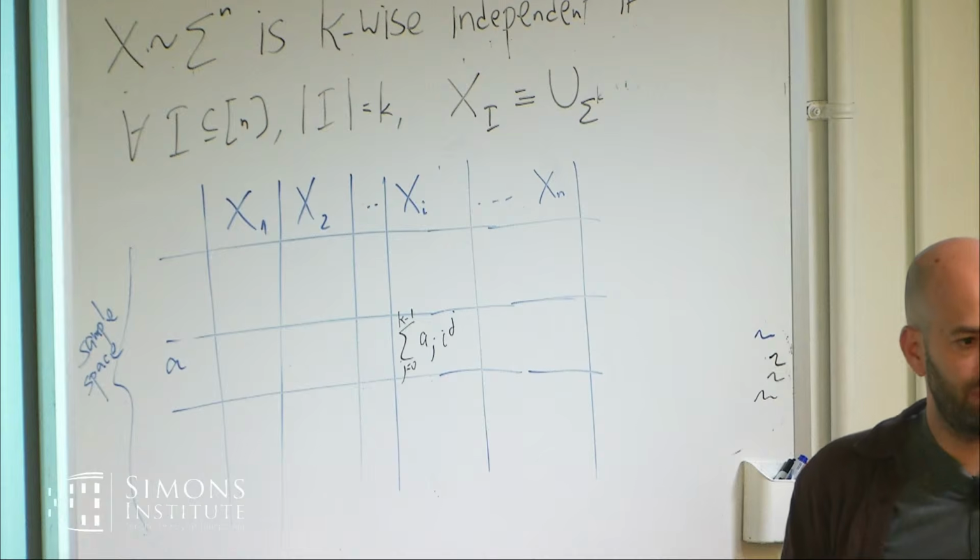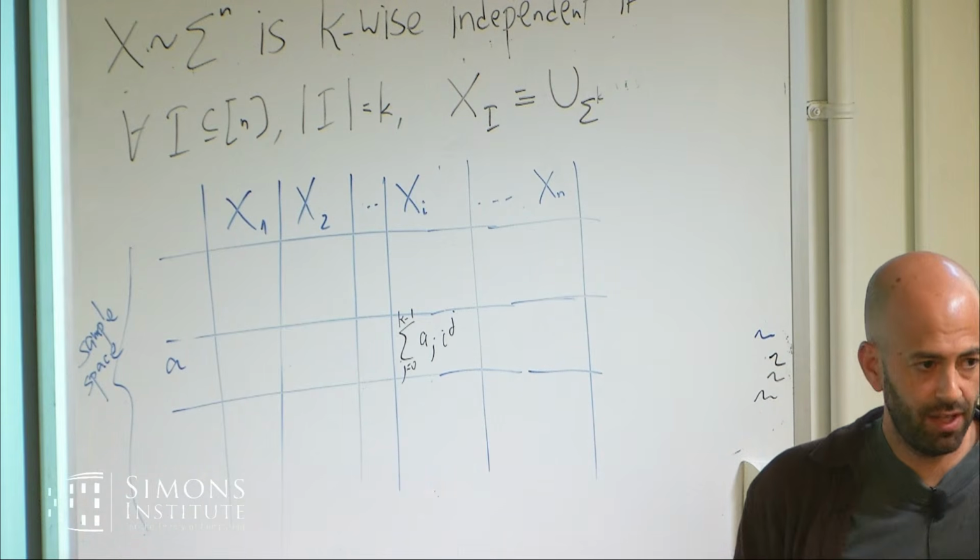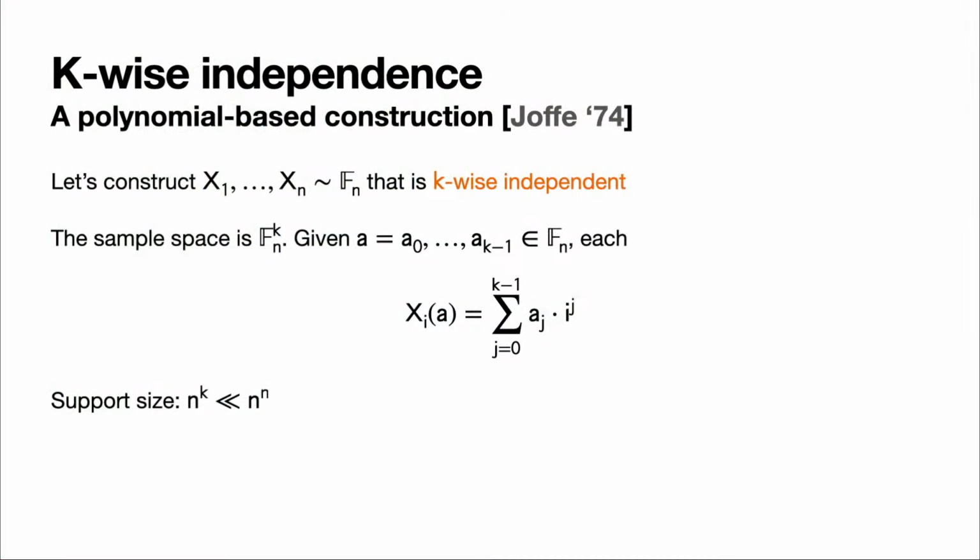Okay, so one thing to note, remember that I told you we love distributions with small support size. So the uniform distribution has n to the n size. And this distribution has support size only n to the k. Right? Good.